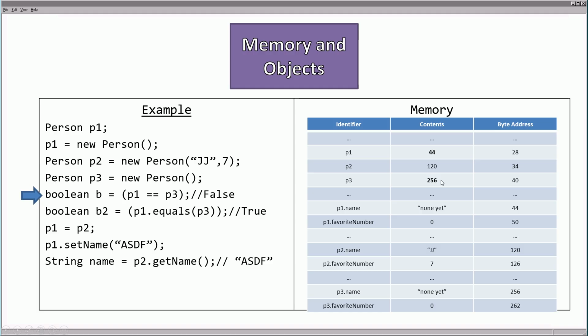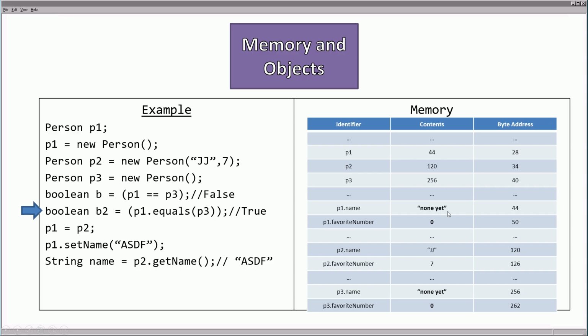Now granted, person 1 and person 3 have the exact same contents. The name is the same, and the favorite number is the same. But the memory addresses are different, so this statement would end up being false. This is different from using the dot equals method. What happens here is our P1 calls its dot equals method and then compares P3's properties versus its own.